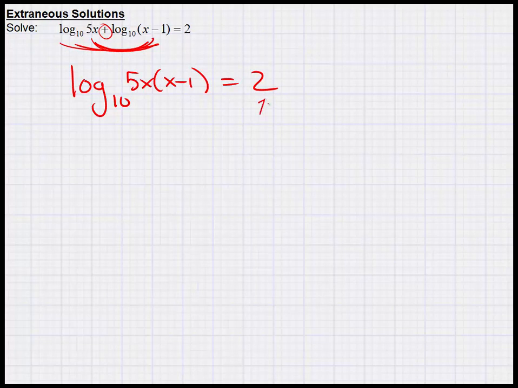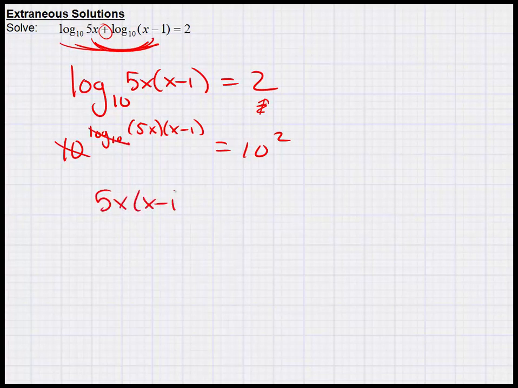I can't write this as a log, so I'm going to get rid of the log instead with the inverse property. It's base 10, so I'm going to do 10 to the log base 10 of 5x times x minus 1 equals 10 to the second. These cancel. I get 5x times x minus 1 equals 100. And I solve this equation for x.